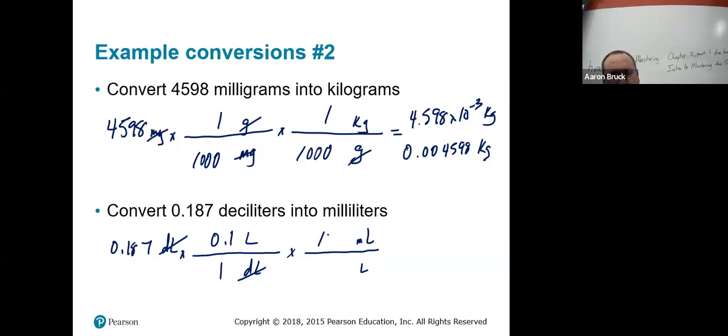There are 1,000 milliliters in a liter, so the liters cancel out. And so to solve this, remember, you multiply across the numerators, so 0.187 multiplied by 0.1 multiplied by 1,000 would give me 18.7 milliliters.